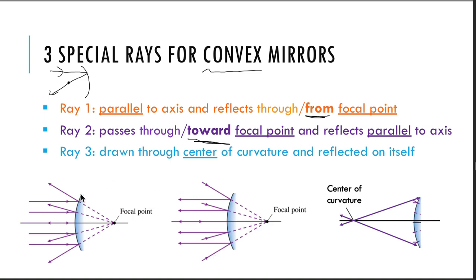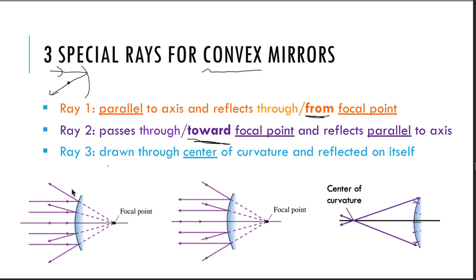Remember that if you trace that circle, right, that center is at the center of that circle, and that focal point is halfway through, half the distance. So the focal point has to be behind a convex mirror. So what that means is that if your rays are incoming from the left here, then there's no way that they can reflect through the focal point because the focal point's on the other side. So they reflect from the focal point.